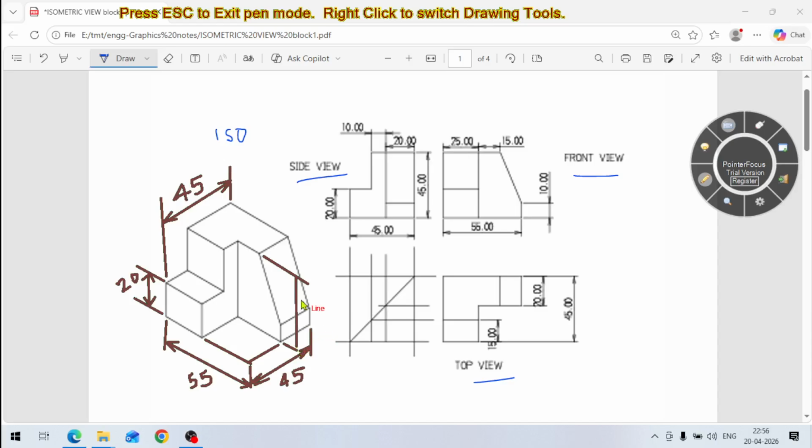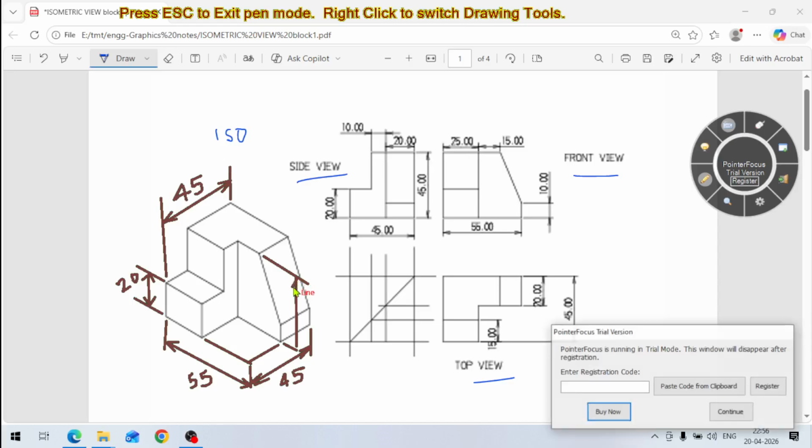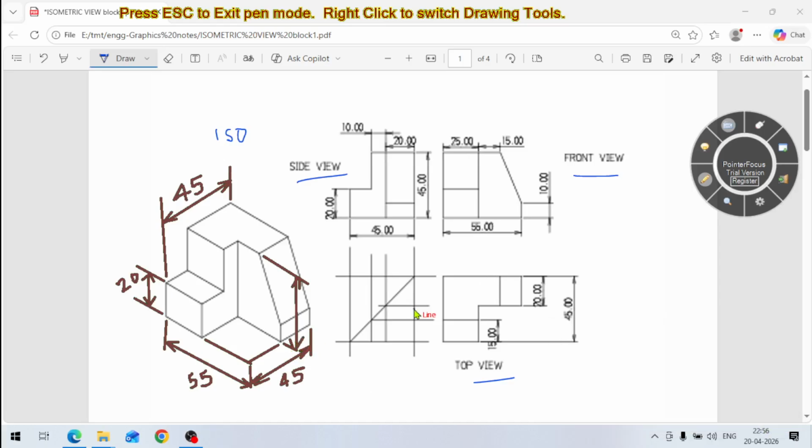So this is our height. I can also draw a line like this, arrows, these are the arrows, and this height, how much is it? It is 45 mm.